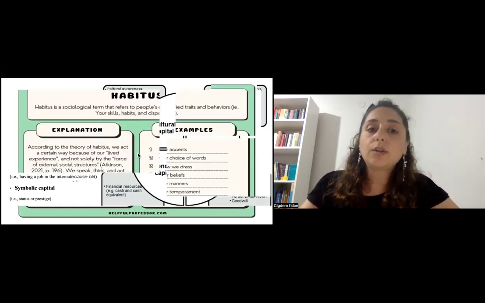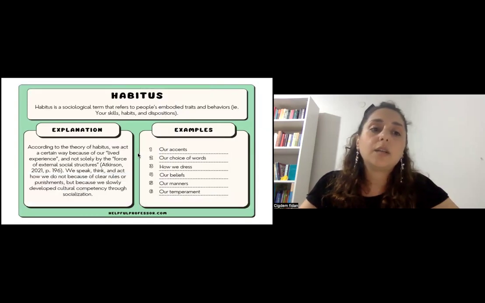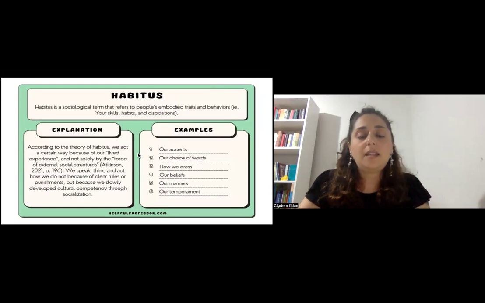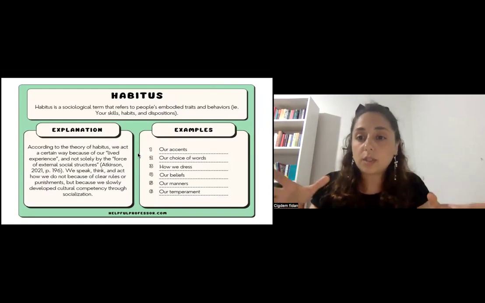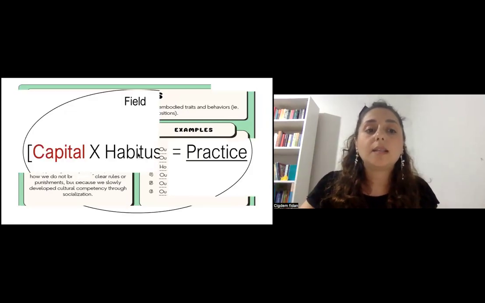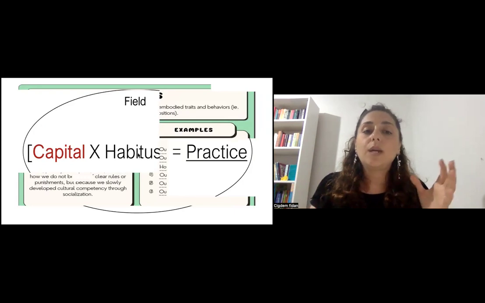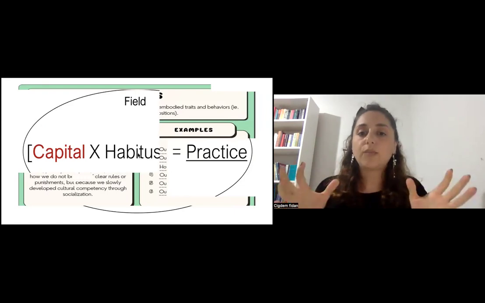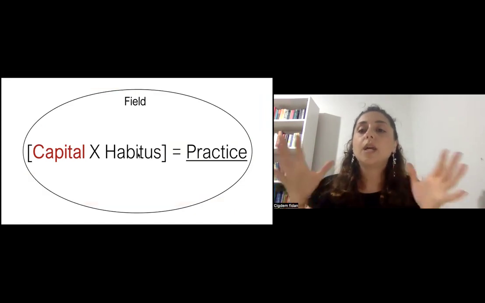And also in the long term, learning English positively influences our habitus, right? It positively influences how we think, our talk, our social environment. And when we bring capital and habitus that English provides us, when we think about the field of education, it also influences our practices.